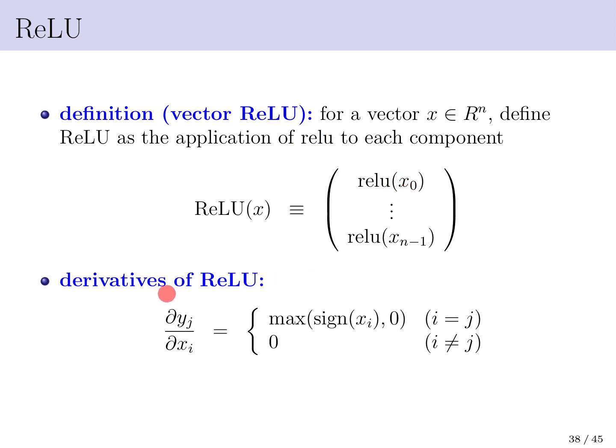Therefore, the derivative of ReLU is simply dy over dx is max sign xi 0 if both variables have the same index, and otherwise 0.